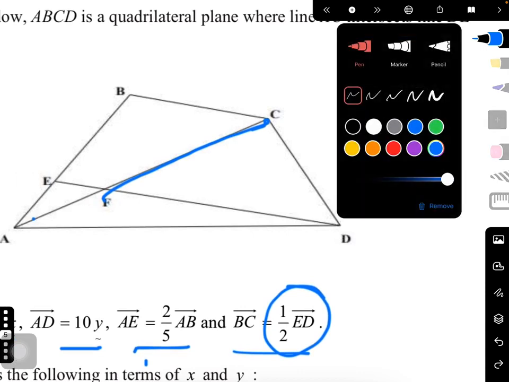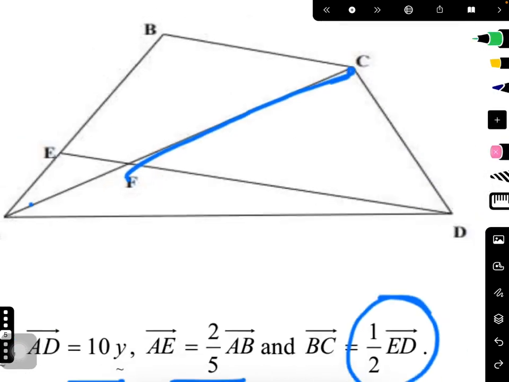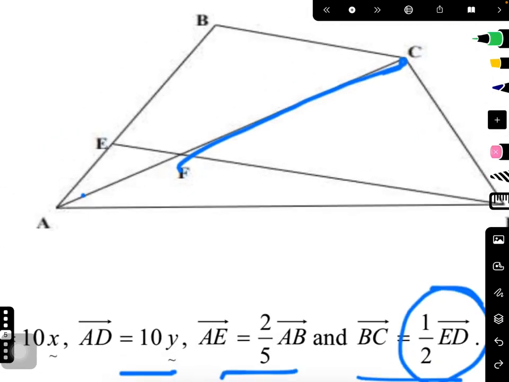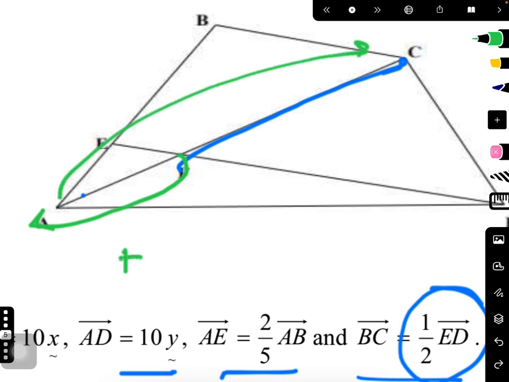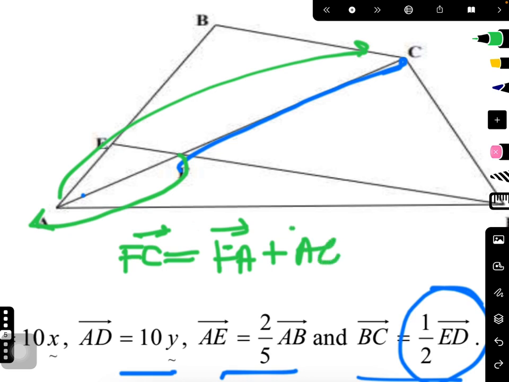Okay, this is a bit confusing, so I need to change it into other colors. If you look at it carefully, we don't have any AC or AF, but for FC, we can go from A to F and A to C, because FC equals, sorry, FA plus AC.